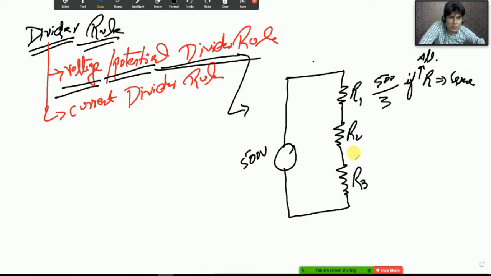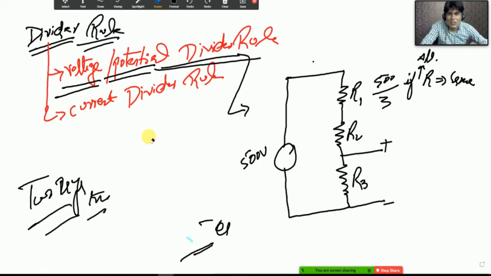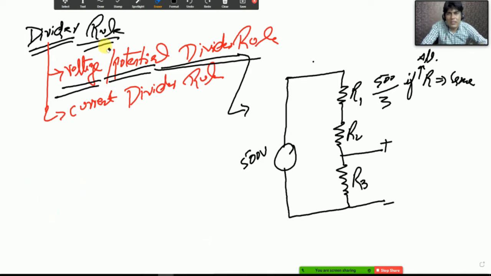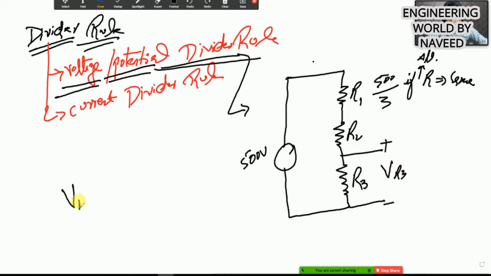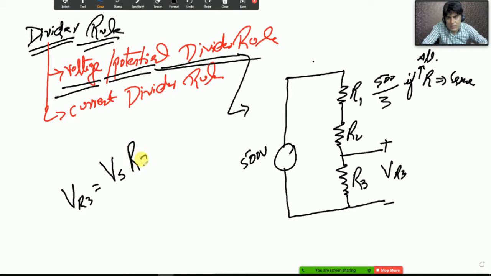Let's say the resistors are different: the first is R1, then R2, then R3, and I want to find the voltage across R3. Let's say that voltage is VR3. Then VR3 equals the source voltage Vs times R3, the resistor across which you want the potential, divided by the sum of all the resistors connected in series, that is R1 plus R2 plus R3.